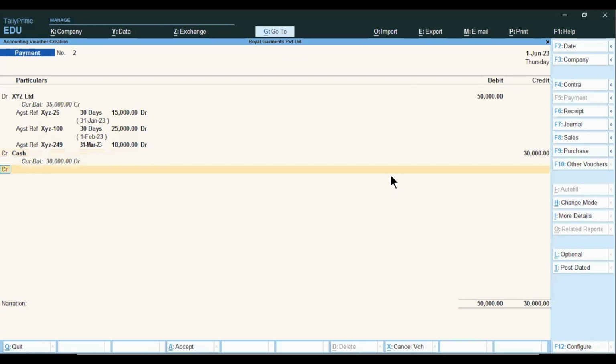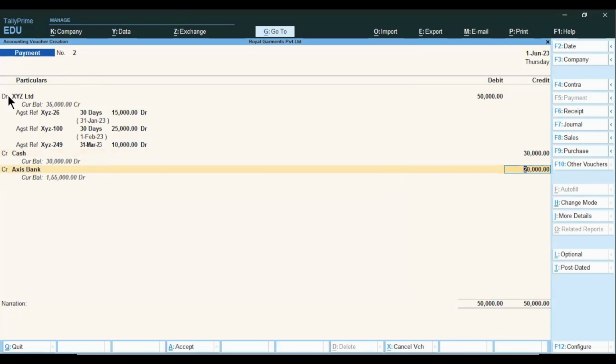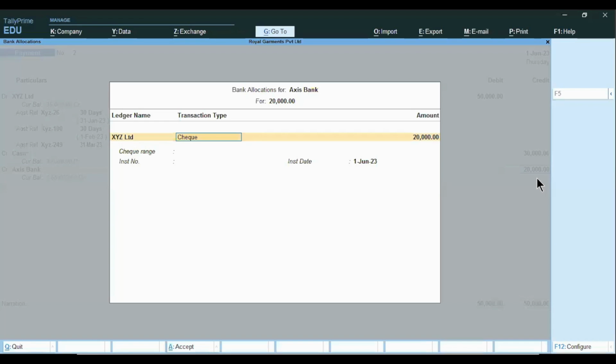So as we have paid the cash and the rest of the amount through Axis Bank, the entry will be XYZ Limited account debit 50,000, credit to cash 30,000 and to Axis Bank 20,000. So this is a combined entry. We can say it is a compound entry where we have more than one debit or more than one credit or a combination of all. Enter.